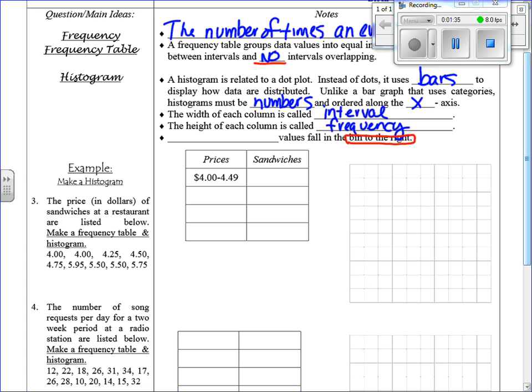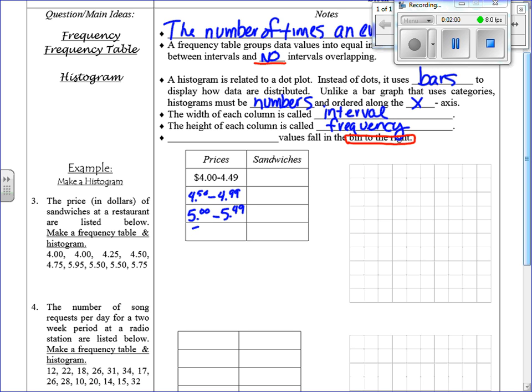So we have prices from 4 to 449. So the next would be 450 to 499, excuse me, to 499. And then we have 5 to 549.